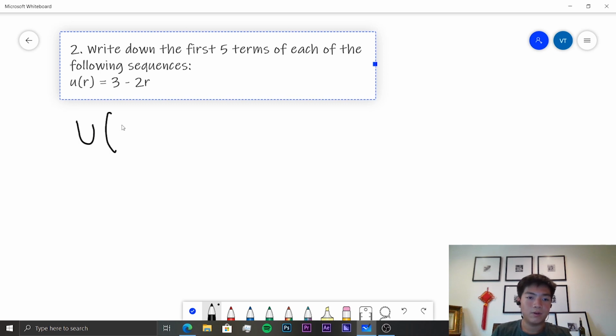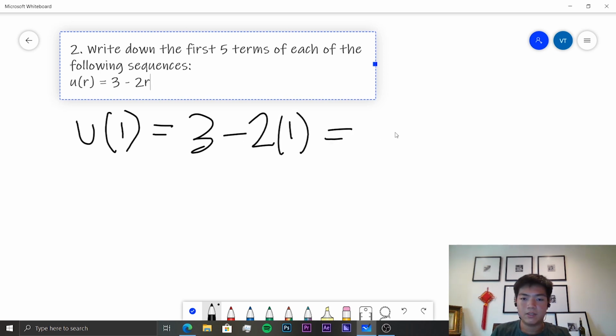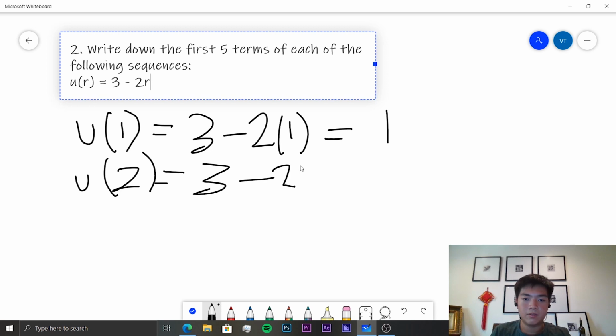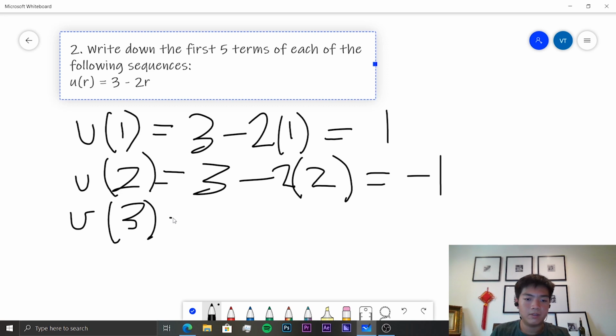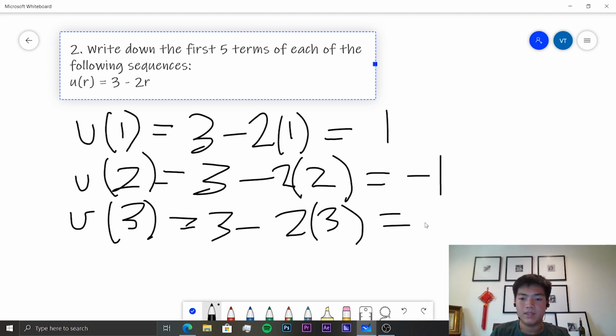Okay, so to find the first term, we simply put r is equal to 1. So the first term, or u1 as we call it, is equal to 3 minus 2 times 1, which is equal to 1. So the second term is equal to 3 minus 2 times 2, which is equal to negative 1. The third term is equal to 3 minus 2 times 3, which is equal to negative 3.